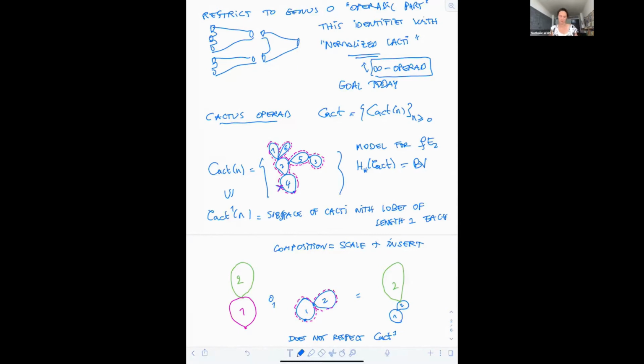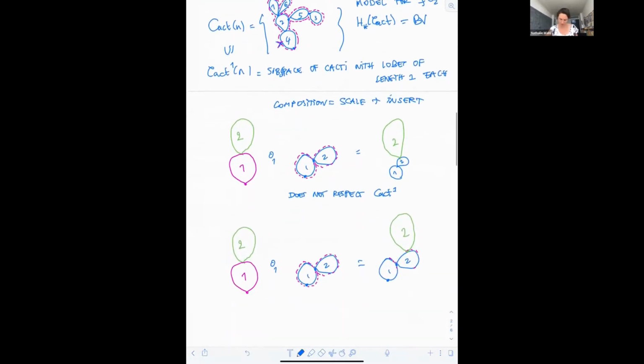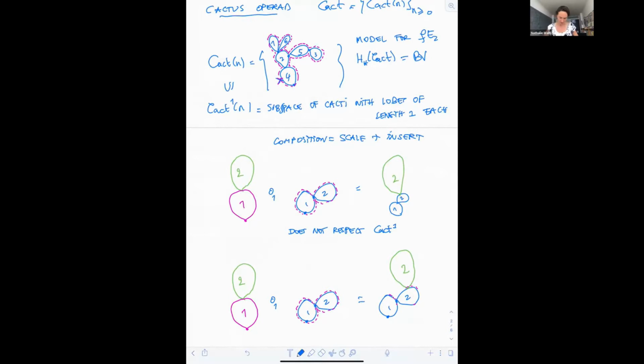But then you can say, well, there's something else I could have done, which is just as obvious. Instead of shrinking my second cactus, I chose to shrink this one so that it received the same length as the first lobe. Instead, I could have decided to increase the size of my first lobe. So also do a scaling, but a scaling in scale. So the cactus composition is scale to the size of the lobe.